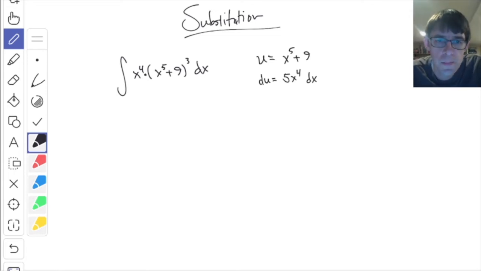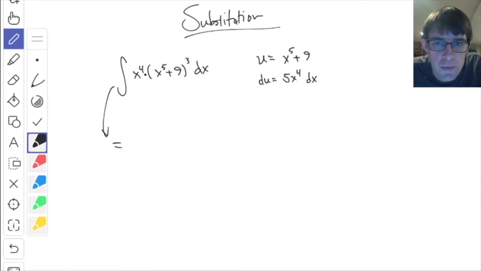All right? So you choose the u first of all. Then you compute the du. And now you're going to try to simplify the integral. You're going to try to substitute in stuff to replace all the x's with some things in terms of u's.